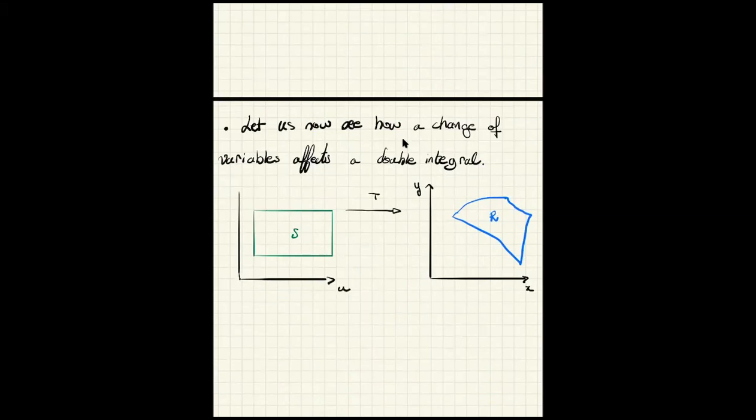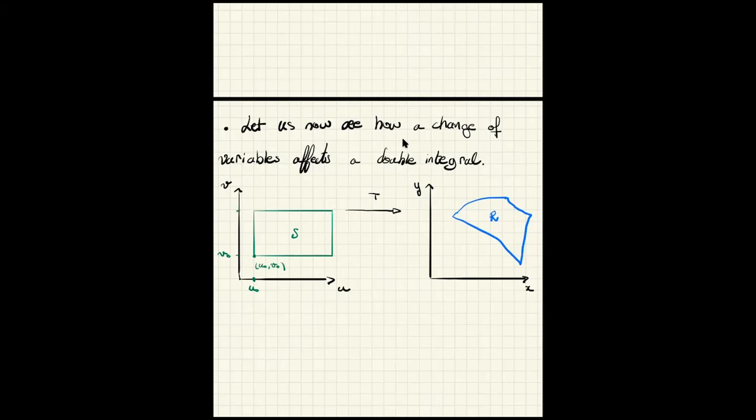We'll call this U, V. This is U0, this is V0, so this is the point (U0, V0).